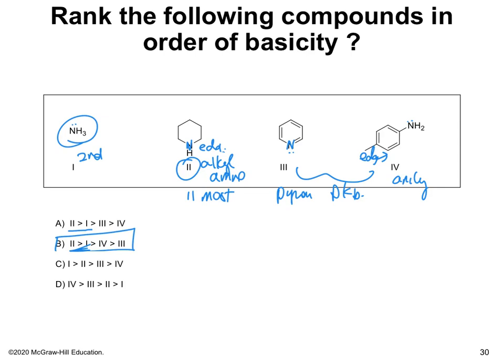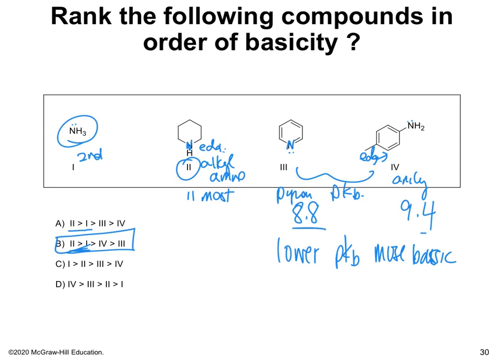Let's see. So pyridine, the pKb value is 8.8. Aniline is 9.4. Okay, so pKb values are like pKa values. The lower the pKb value, the more basic. So 8 is lower than 9, so 3. So make that correction. I was wrong. A is your answer here.